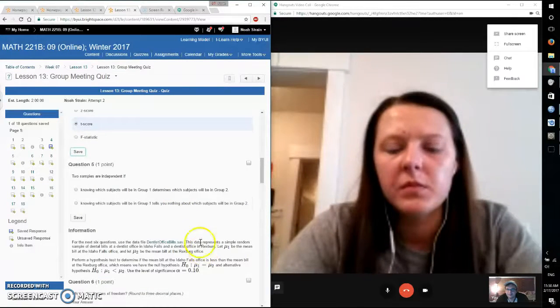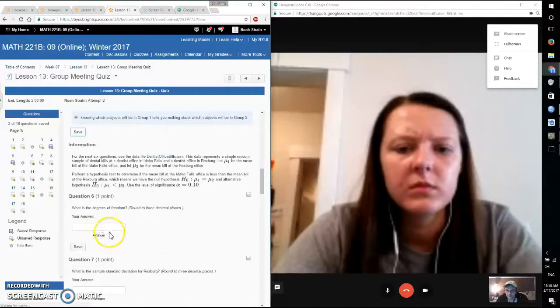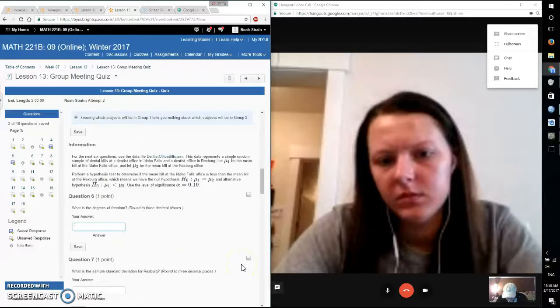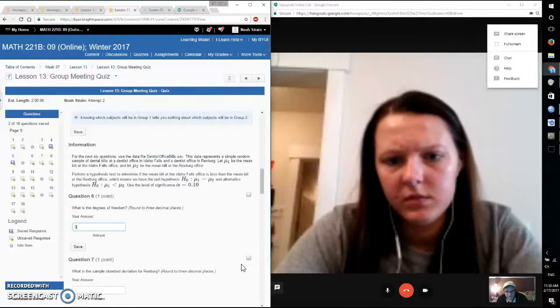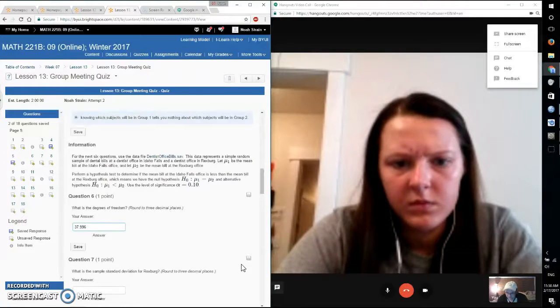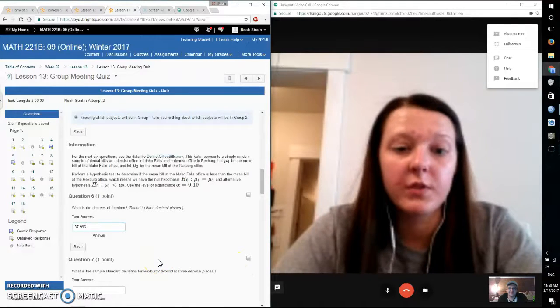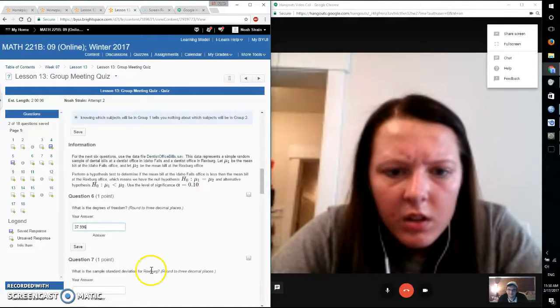The two samples are independent if subject 1 will tell you nothing about subject 2. The degrees of freedom for 6 is a calculated value of 37.996. For degrees of freedom? Yeah. Because it's a Satterthwaite equation to find it, it's an estimate.